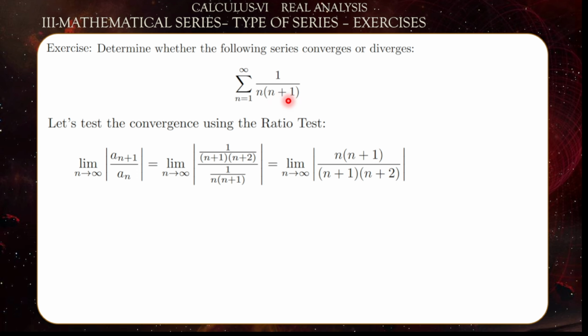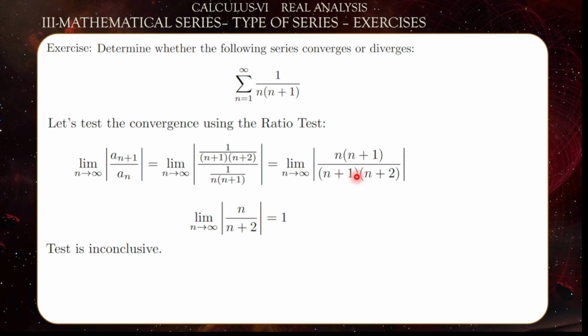So we simply replace n by n plus 1, divided by 1 over n times n plus 1, which is equal to the limit as n approaches infinity of n times n plus 1, which is here the denominator flipped back to become the numerator, divided by n plus 1 times n plus 2. So this would be equal to n divided by n plus 2, equal to 1, okay?